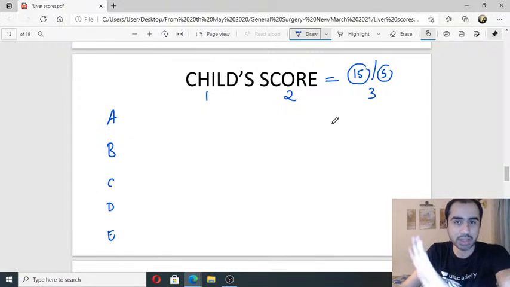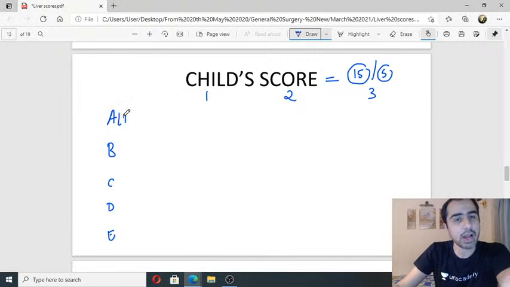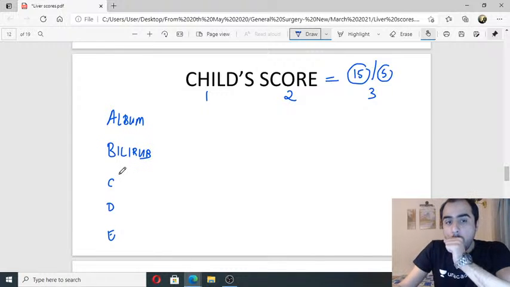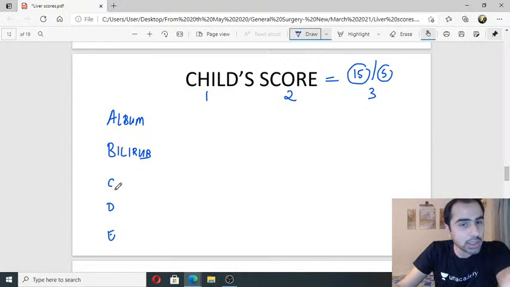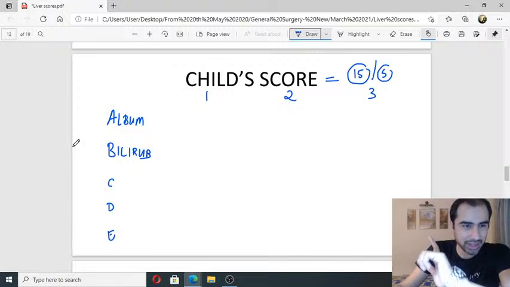So this is how you will start drawing. Now A, B, C, D, E. A stands for albumin, of course liver albumin, B is bilirubin. Now the C, please remember, this C is to do with liver, it's not creatinine.